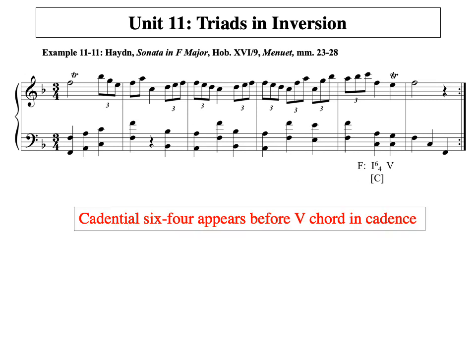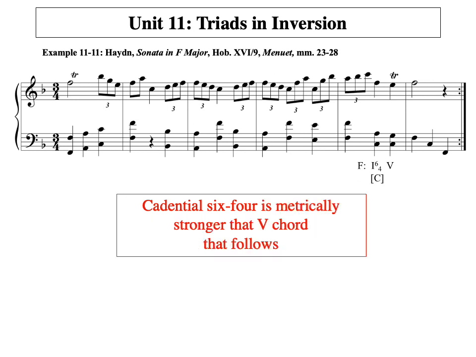Of course, part of what makes this cadential 6/4 chord a cadential 6/4 chord is that it comes before the 5 chord in a cadence. So you're going to find cadential 6/4 chords in cadences that have 5 chords, like half cadences and authentic cadences and deceptive cadences. The other thing is cadential 6/4 chords are metrically stronger than the 5 chord.